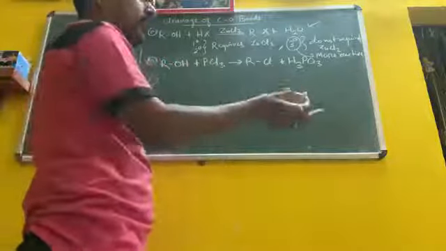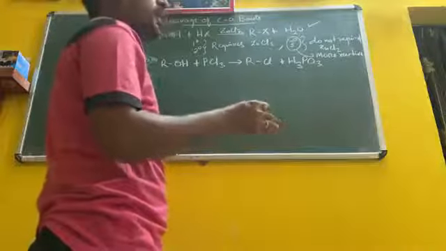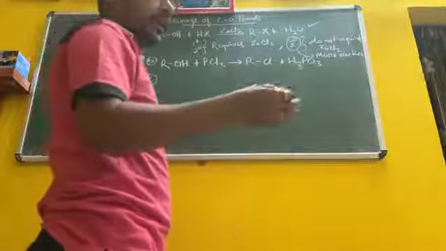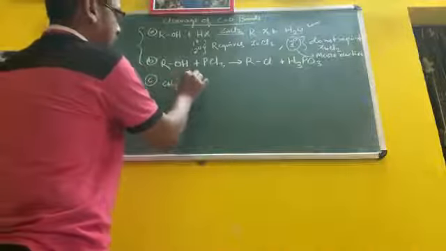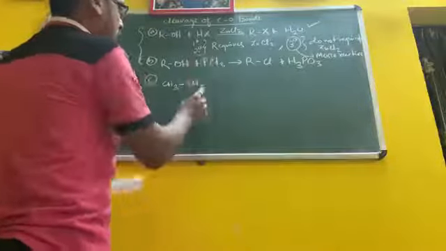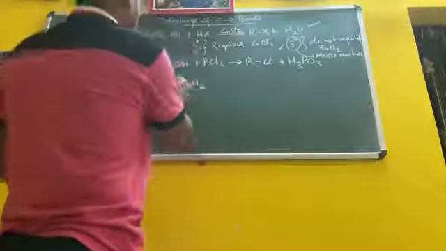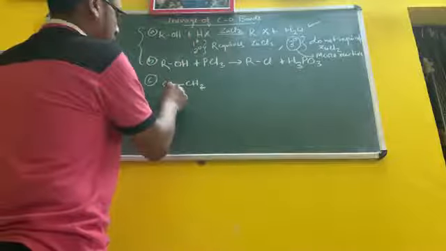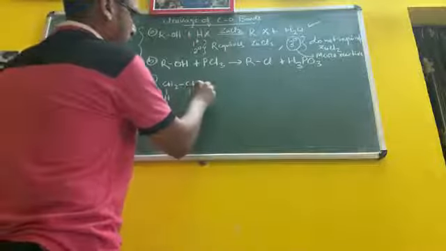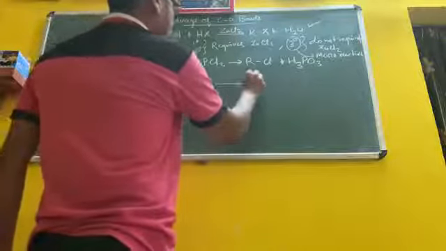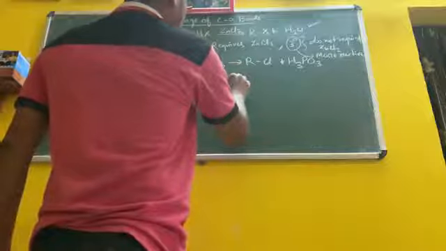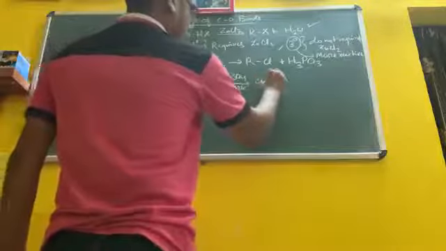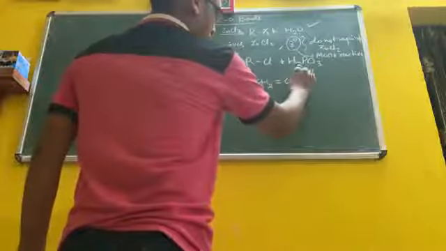We will describe primary, secondary and tertiary alcohols and see their reactivity. Suppose CH3CH2OH in the presence of acid H2SO4 at 443 Kelvin forms CH2=CH2.